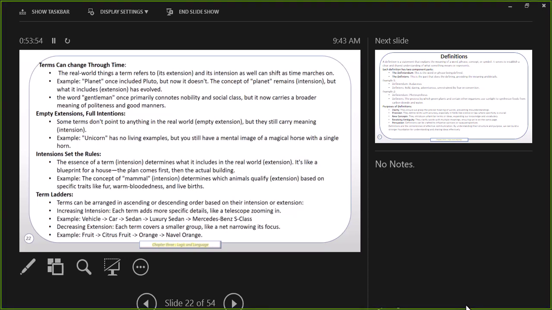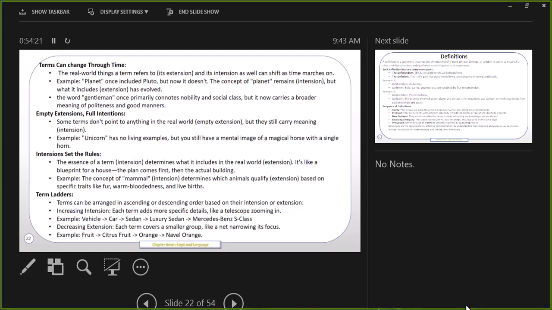Justification: as you can see in the example, the term unicorn is an imaginary term. So without extension, you can still have a term. Yes. A term without extension is possible, whereas a term without intention is impossible.